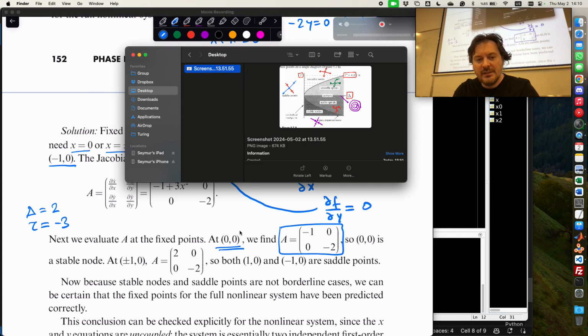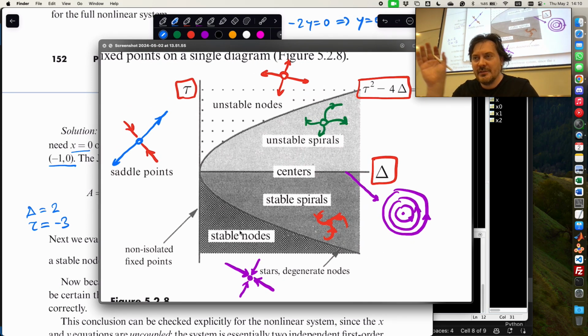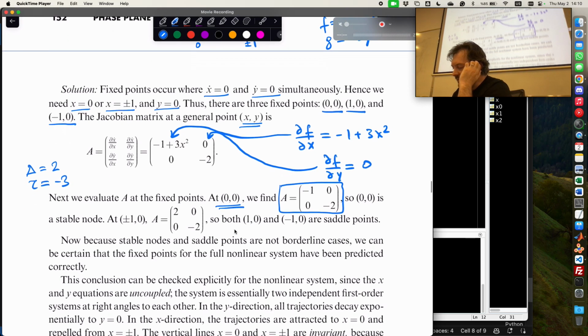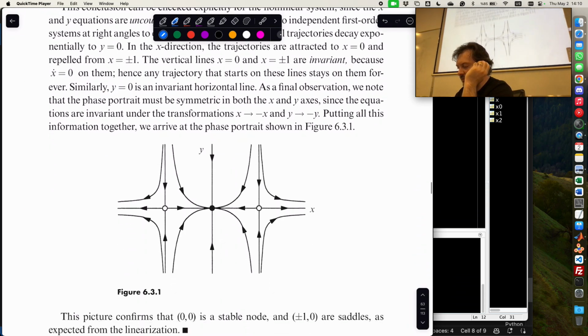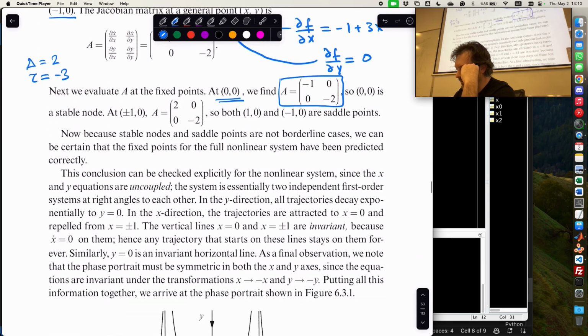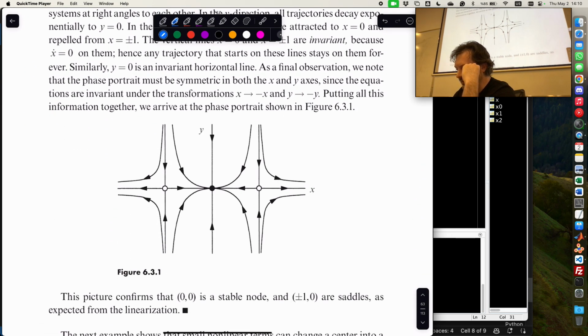I didn't do the del squared something calculation, but we are here. You can understand these systems. And if you plot it, we did the (0, 0), and it's a stable sink, as you can see here. The others turned out to be saddle nodes. Okay, very good.